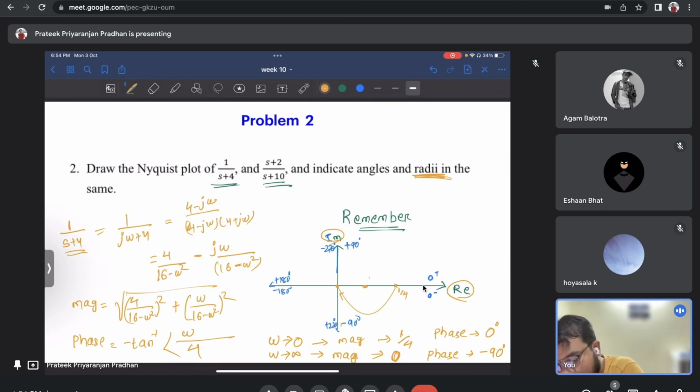This will be half, and you can verify this is also half this length. So the radius is half for this. Okay, this is 1 by 4. Oh, sorry, this is 1 by 4, then this will be 1 by 8. 1 by 8, my bad.